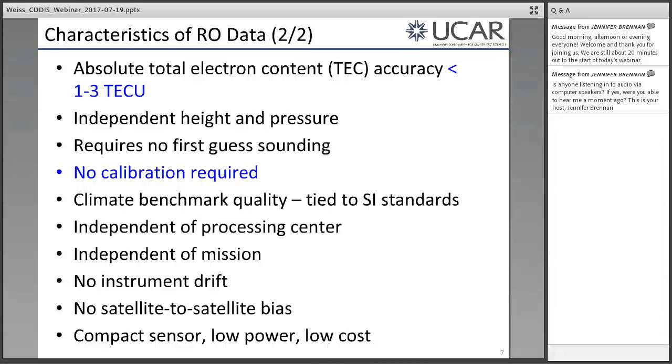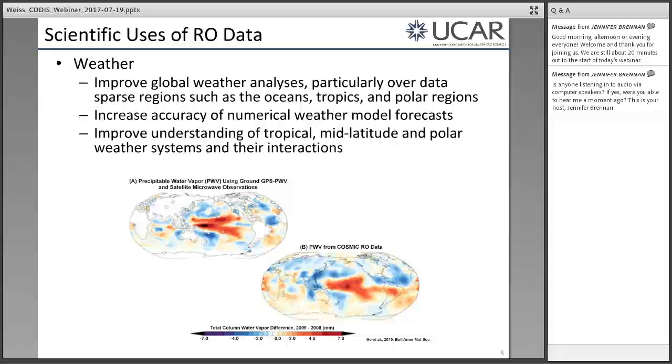You don't really have to calibrate anything, and there's no instrumentation drift over time. As long as the instruments are functioning, you don't have to apply any particular corrections that change over time. And it's a relatively low power, low cost, and compact sensor. So those are just a few features.